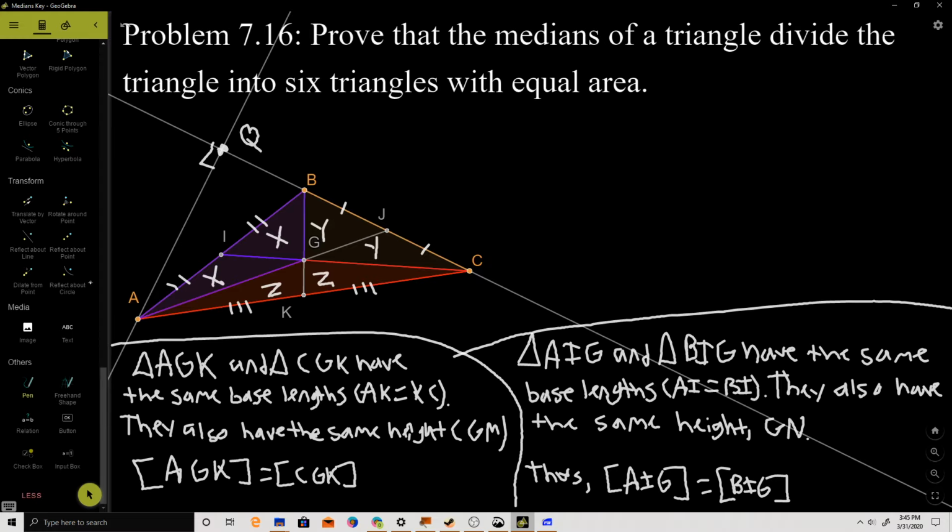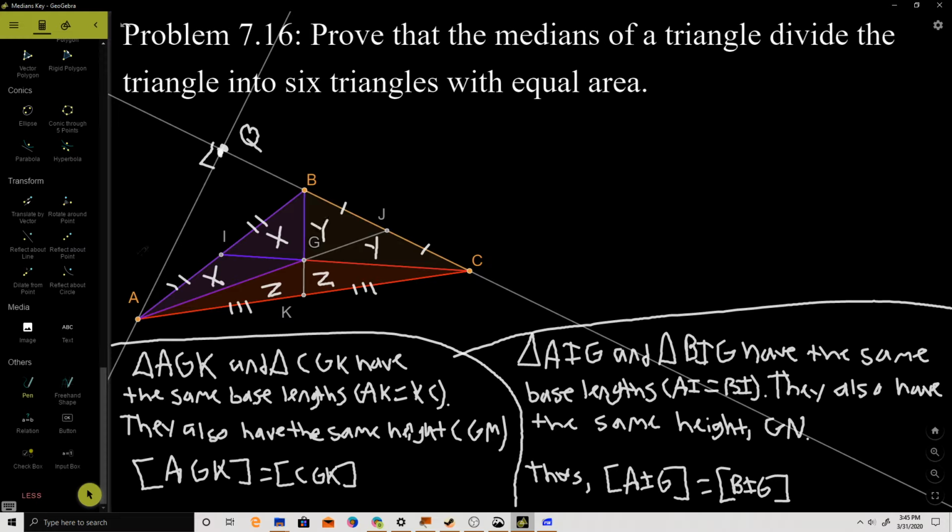Well, what triangles have a height of AQ and also have the same base? Well, I just drew the height from A to where the segment BC was. And if I extend BC infinitely and I draw a perpendicular line from A, that hits the point Q. So AQ is the height of anything that contains the base BC.